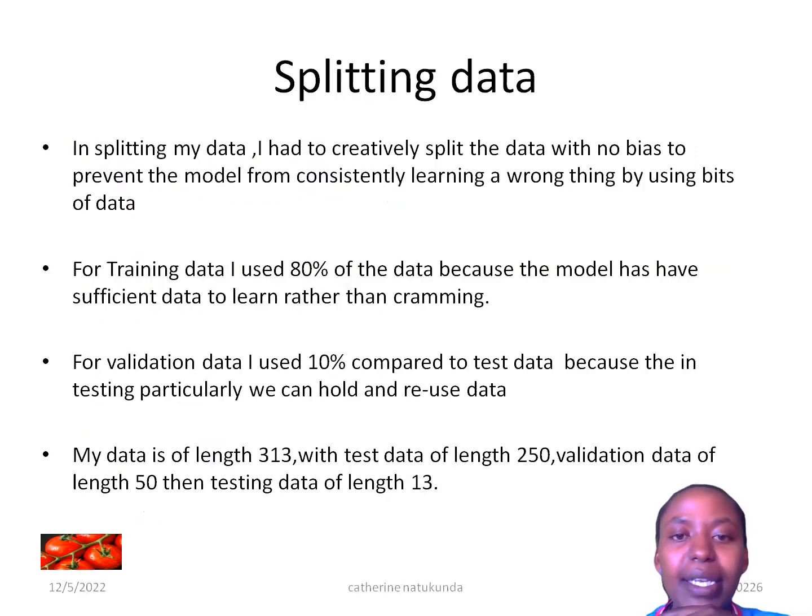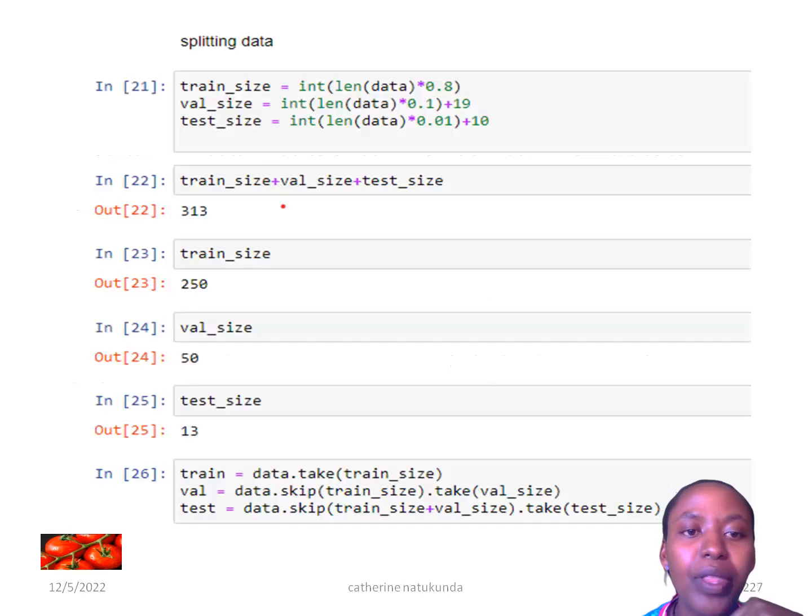Then in splitting my data, what is the importance of splitting data? I was splitting my data into test, validation, and training, and I split it in different percentages depending on the use. For the train data set, I split it to approximately 80%.